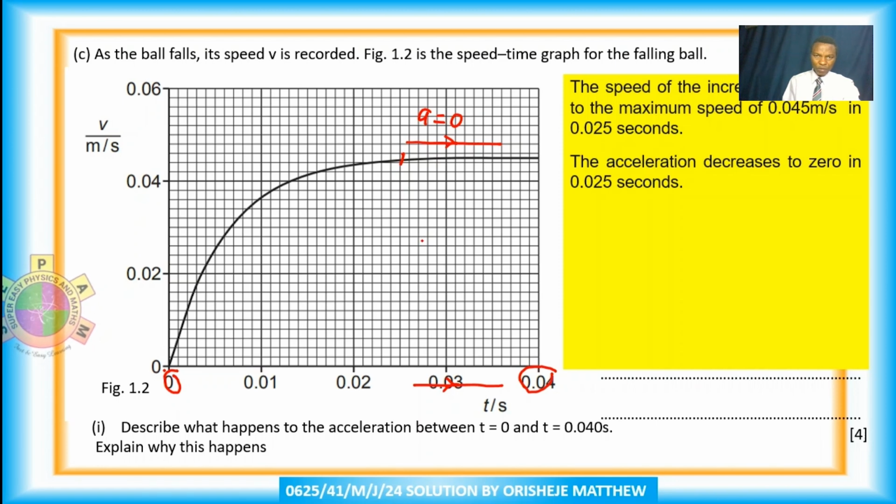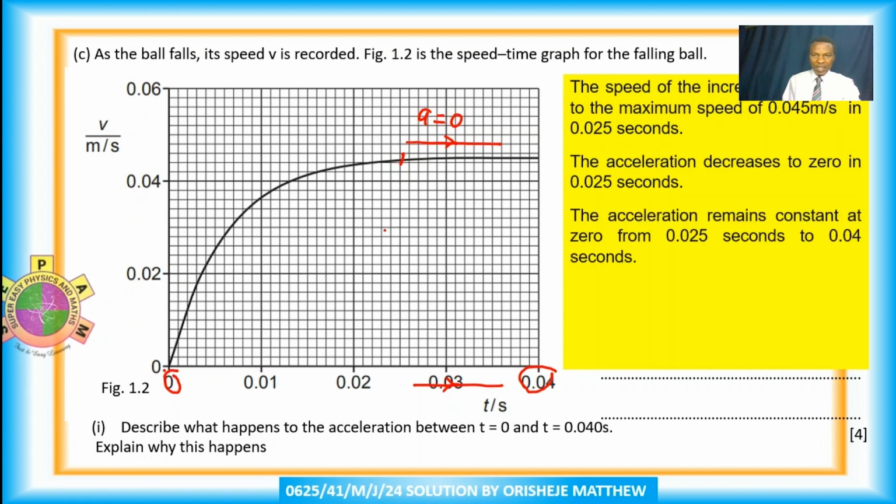Once the v-t graph is parallel to the time axis, the acceleration is 0. Then the speed remains constant from 0 to 0.04, from 0 to 0.025.